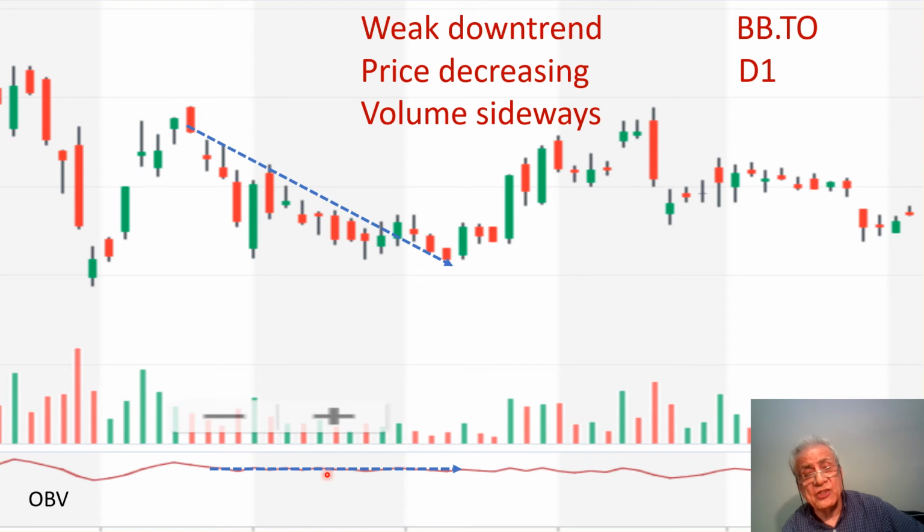This is a good indication from the volume that we are facing a weak downtrend. In this situation, the strength of the sellers in the market is at its lowest level, and strong power is coming into the market by the buyers, but we should not forget it doesn't suggest a reversal.